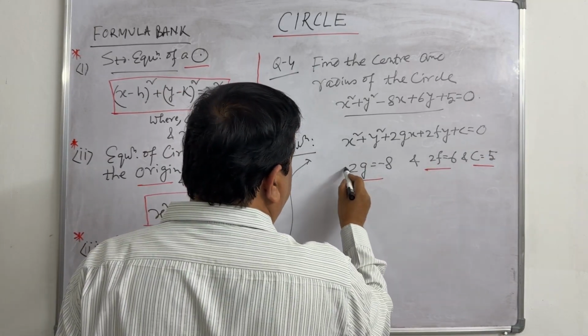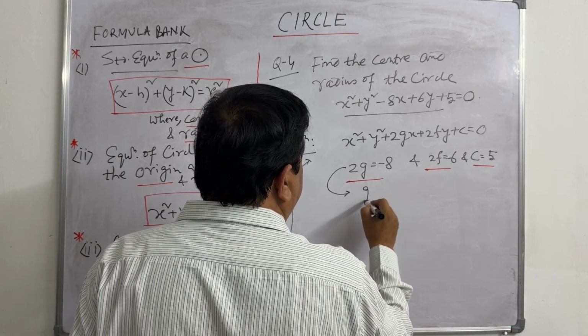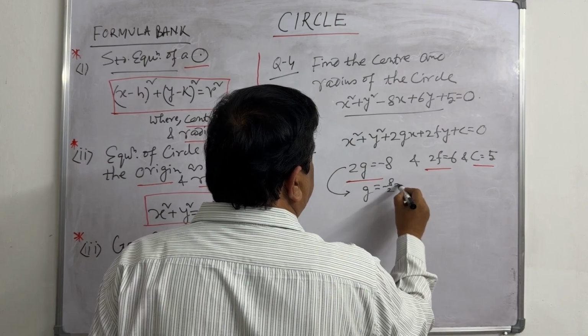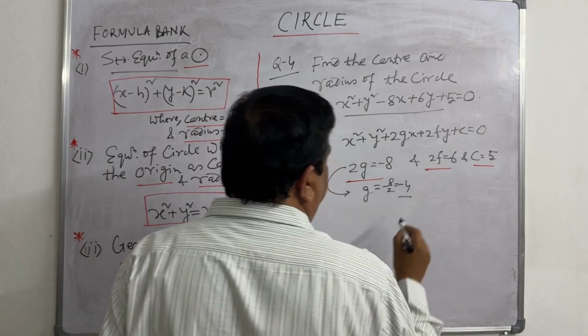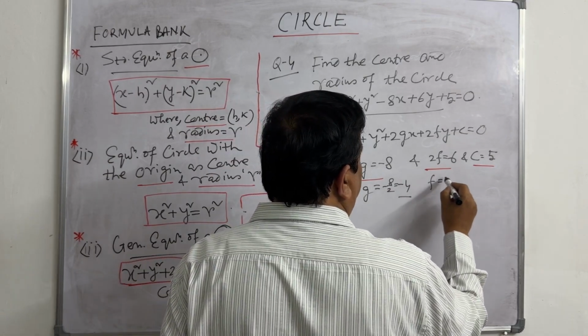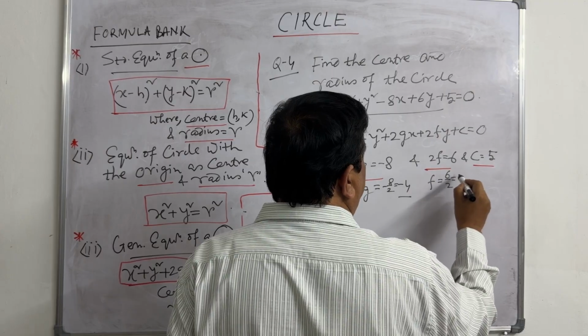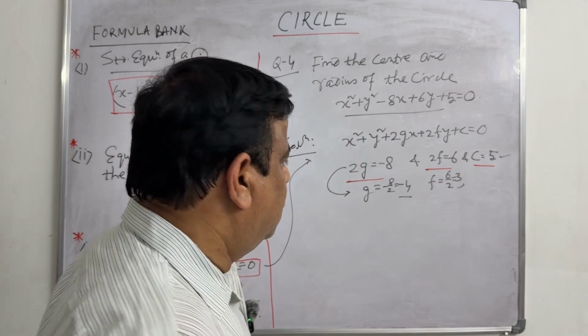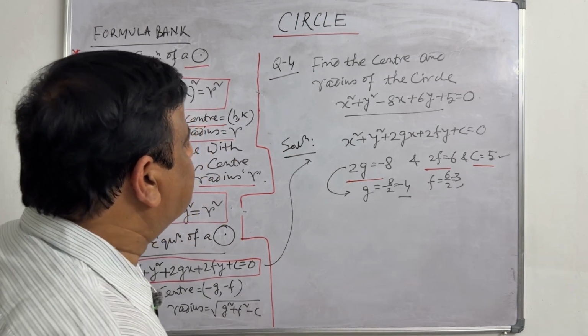From here I can find out g, that is g is equal to minus 8 by 2, that is equal to minus 4. Okay? What is f? f is equal to 6 by 2, that is equal to 3, and c is equal to 5. So what is the center of the circle?